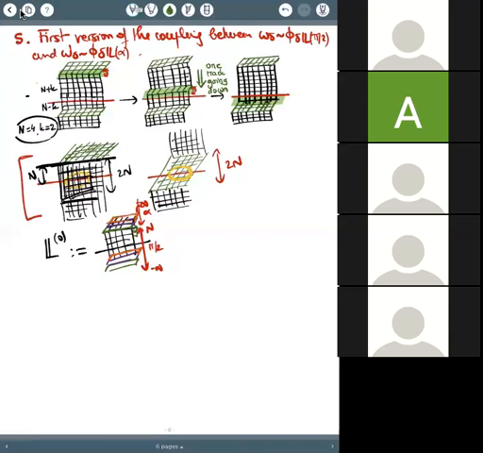I mean, sorry, rotate. It completely put me offline. Sorry about that. You put tracks, sorry, of angle alpha.